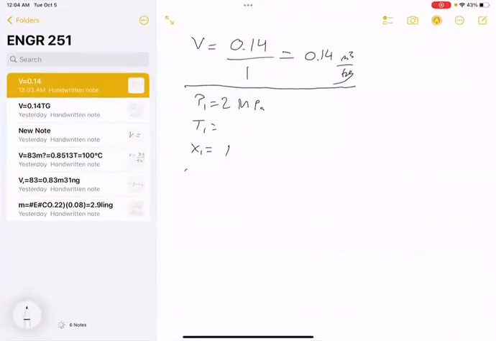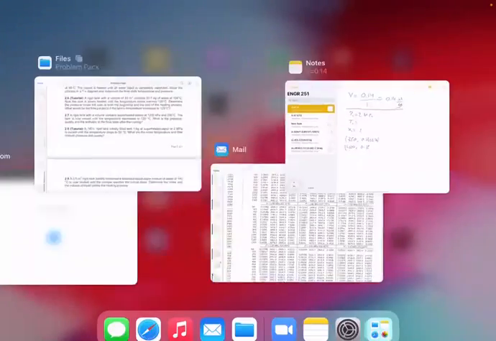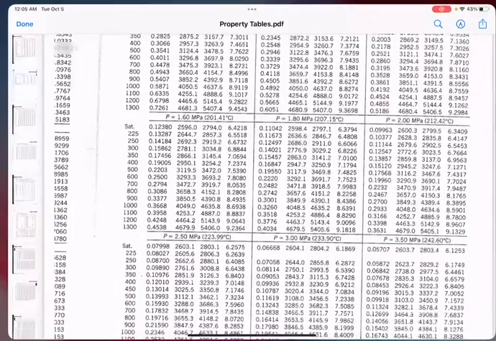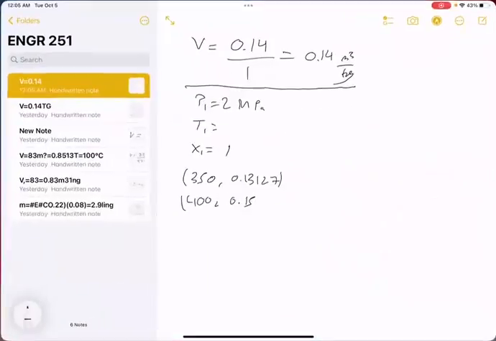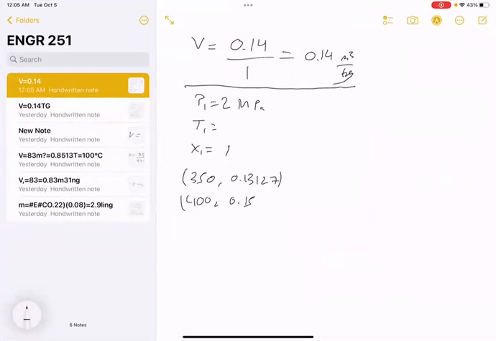So if we interpolate between 350 degrees and 400 degrees, with 0.13857 and 0.15120, sorry about that.